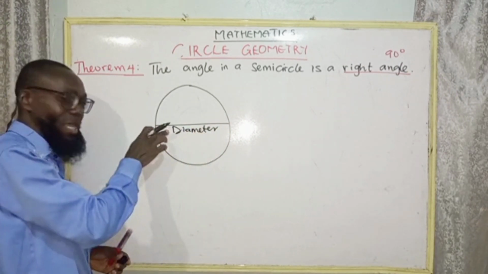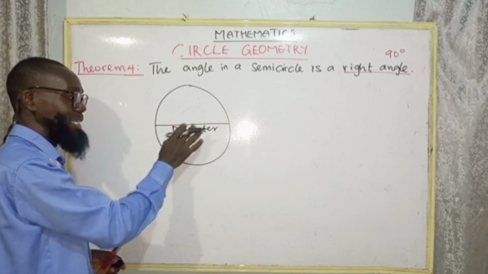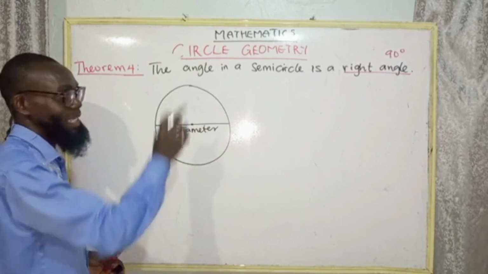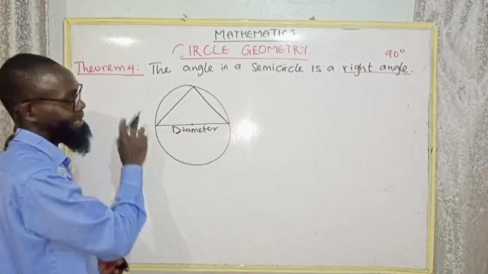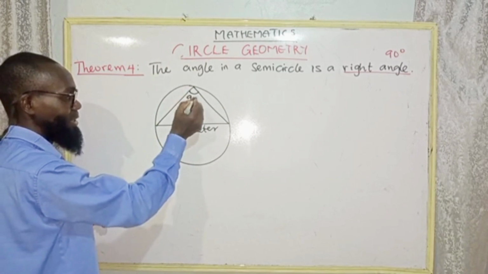Then any angle made by this line, this is the center now, any angle made by this diameter to any part of this circumference is a right angle. Let's check this angle. So the angle here is 90 degrees.